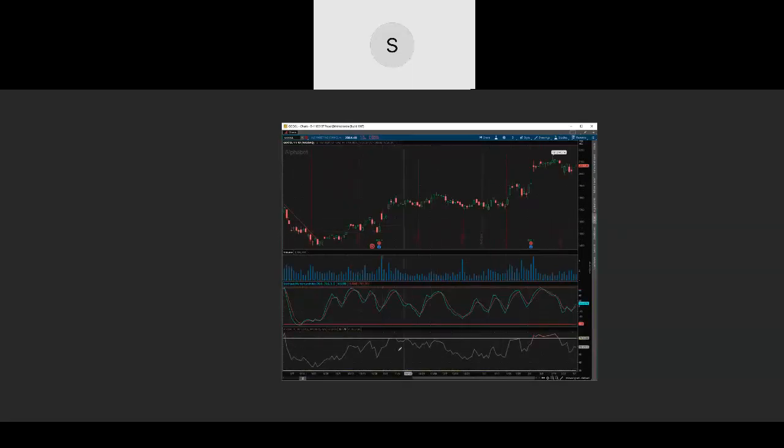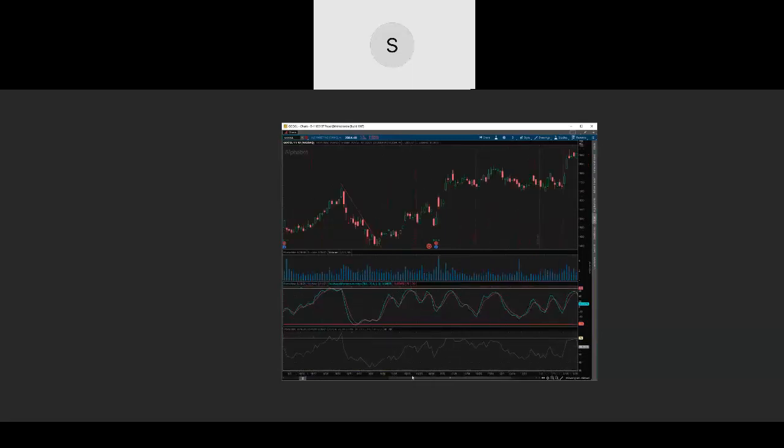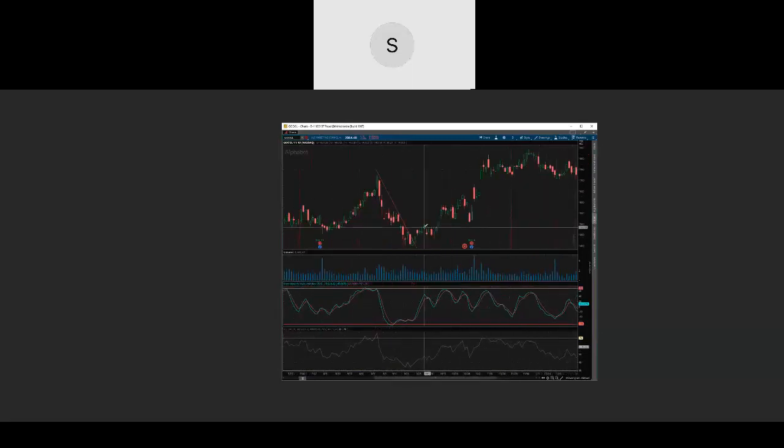Okay, let me show you here. I put a line here. This is a downtrend line that you saw here. In this downtrend line, it created a big hammer right after this high was reached.